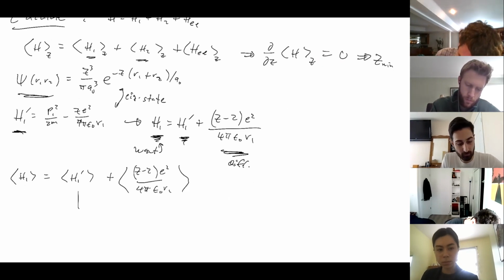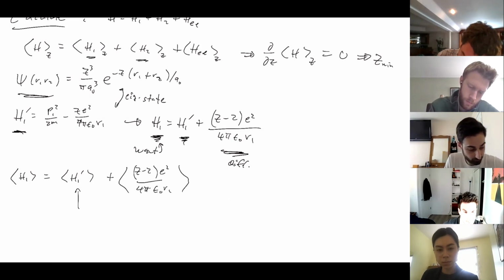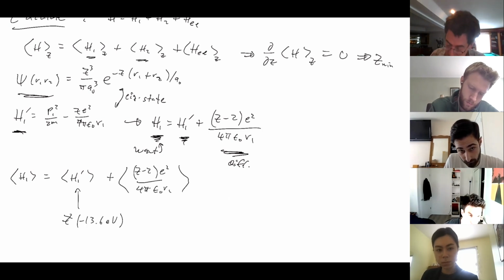And the expectation value of that is just the hydrogen atom energy, which we know is z squared times negative 13.6 eV. And that is the trick.